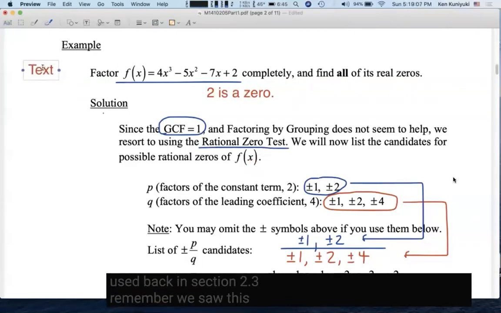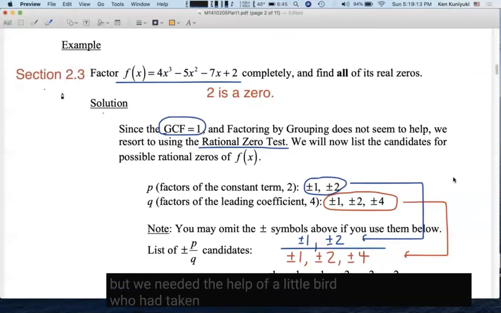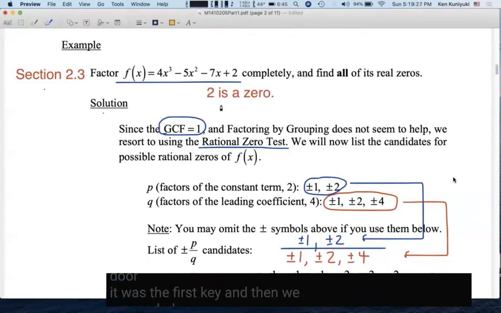Remember, we saw this problem before in section 2.3. But we needed the help of a little bird who had taken pre-calculus. This bird came into the room and whispered to us, tweet, tweet, hey, I think 2 is a 0 for this function. And then that helped to unlock the first door. It was the first key, and then we proceeded to factor f of x.